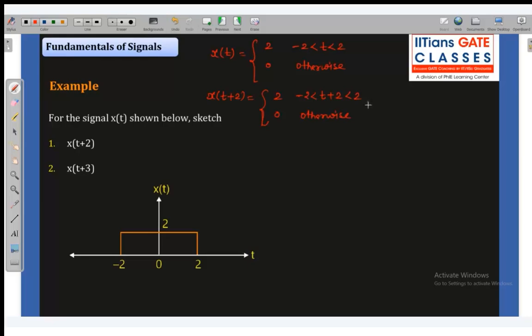Or we can write, because we know that this axis is not possible, if we don't take t plus 2, we will just take minus 2. So when you do minus 2, it will become minus 4. This is t and this is 0, and 0 otherwise.